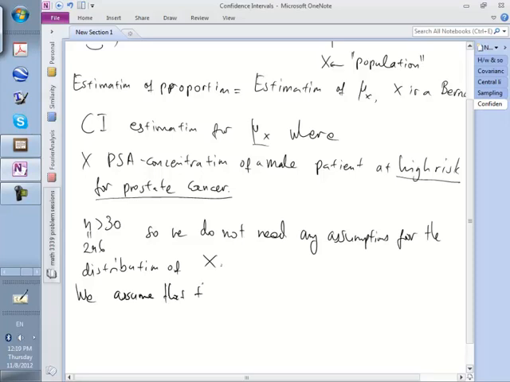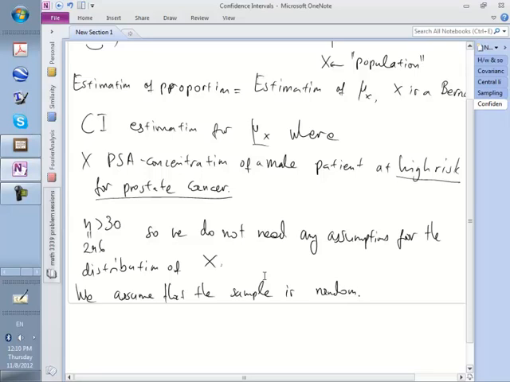Now, of course, we assume that the sample is random. So we assume that whoever did the study took care of independence, and has identified a subset of the population, the sample, that is homogeneous, a good, representative sample of the entire population, which will describe X, our random variable.